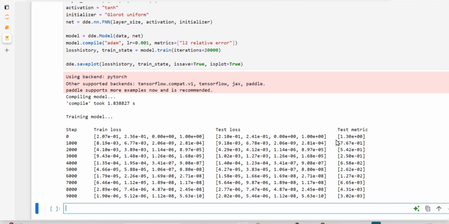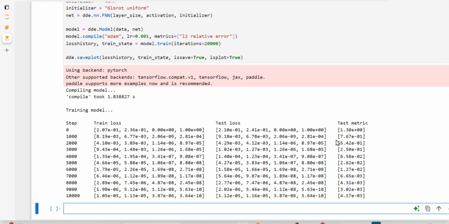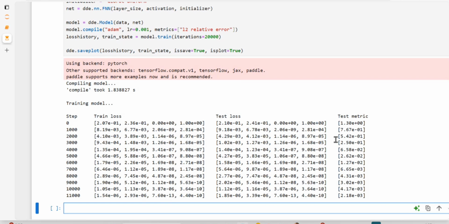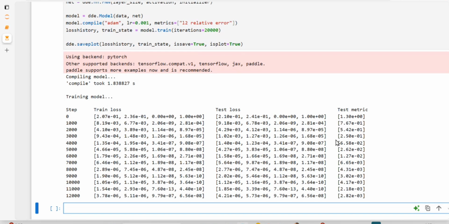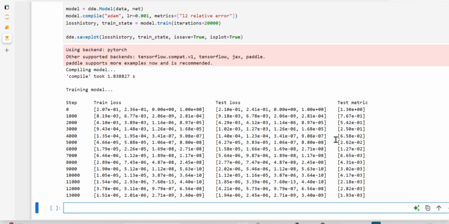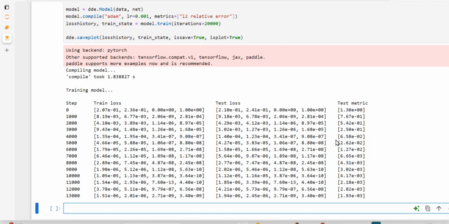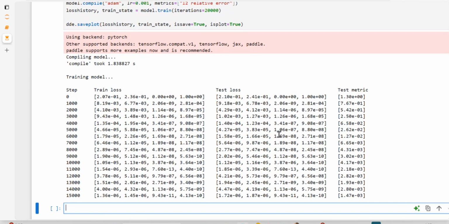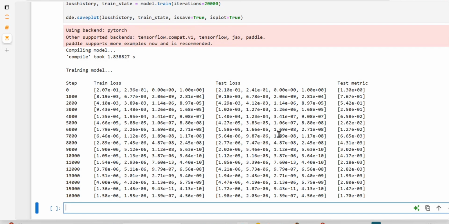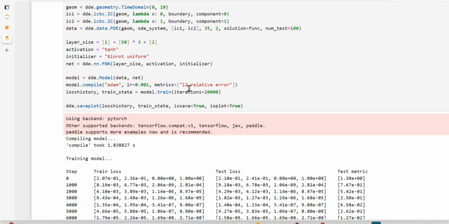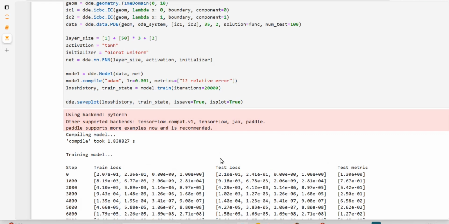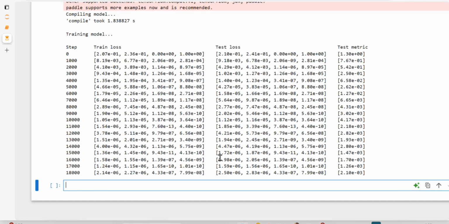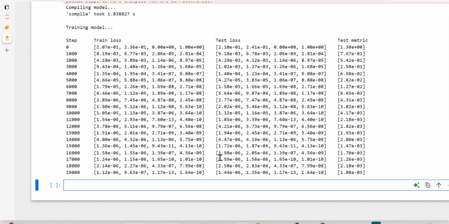And the test metric is how much the relative error is in this code or in this algorithm. So you can see that it is still running. It is training the model. There are 20,000 iterations, so it will run for 20,000 iterations. It is not taking much time. You will see the time at the end.